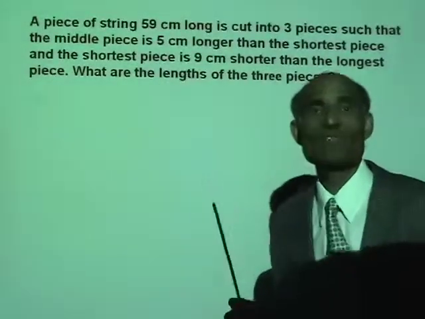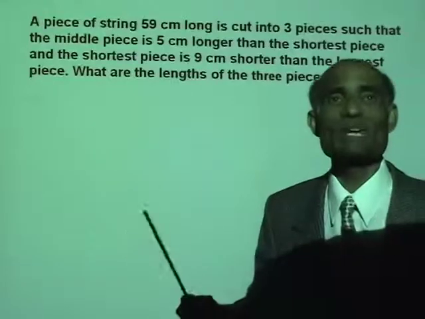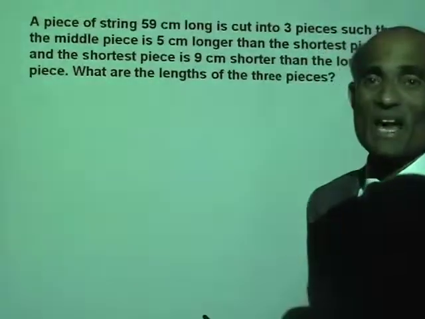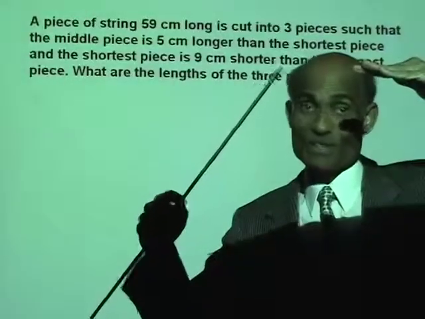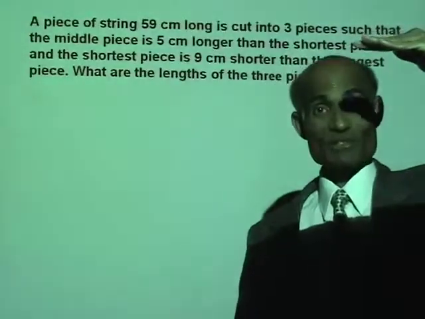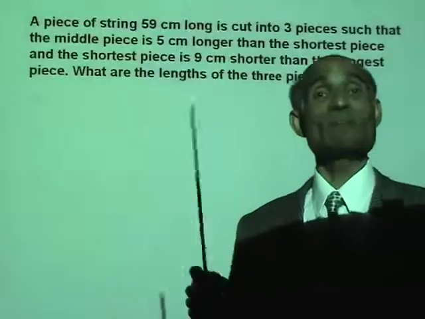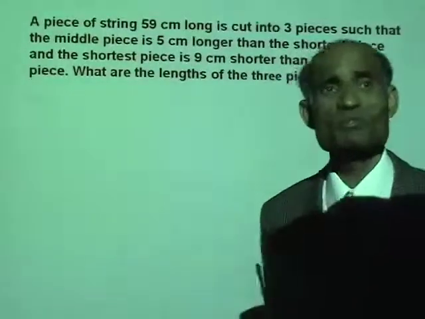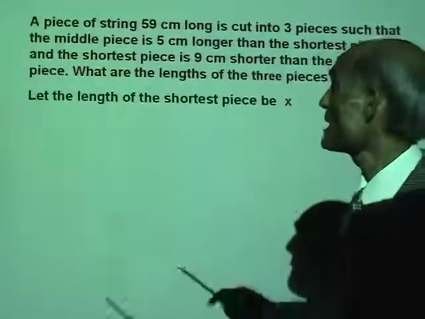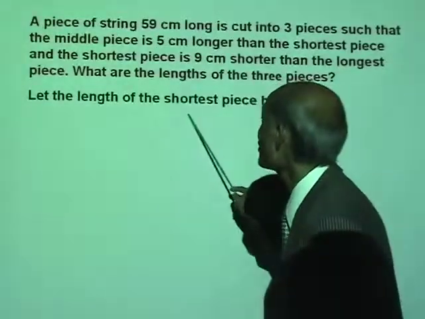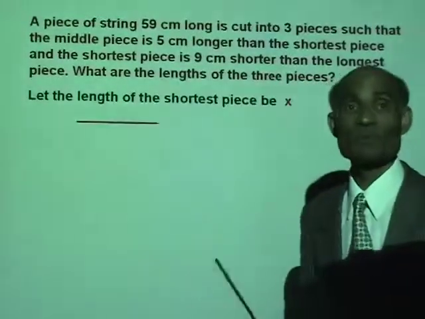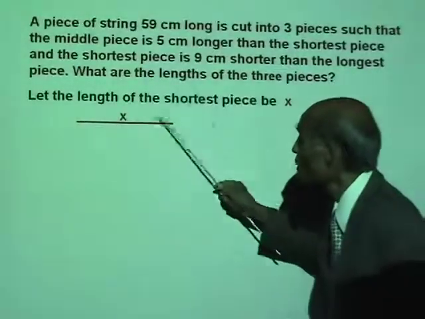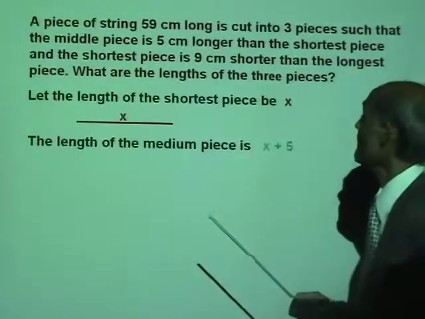What are the lengths of the 3 pieces? Now, you got 3 pieces. One is called the shortest, the other is the longest, and of course there will be a medium then. So how do we start this problem? We start by saying, let the length of the shortest piece be x.